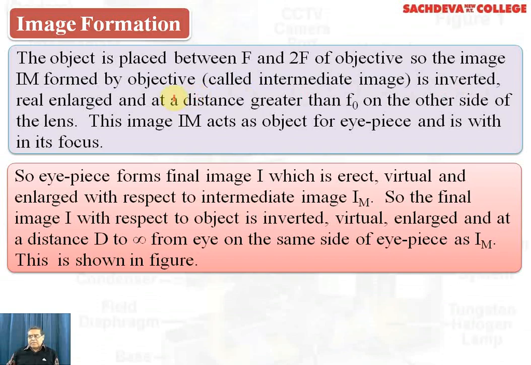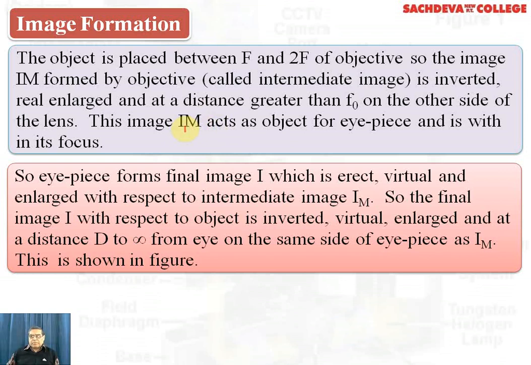When we say it is real, it means we can expect the image on a screen, at a distance greater than f0 on the other side of the lens. This intermediate image IM acts as the object for the eyepiece and is within its focus. So the intermediate image is at the focus of the eyepiece or the ocular.